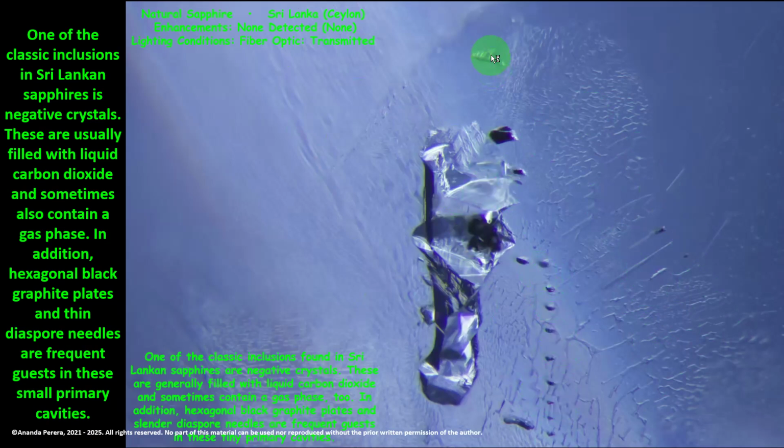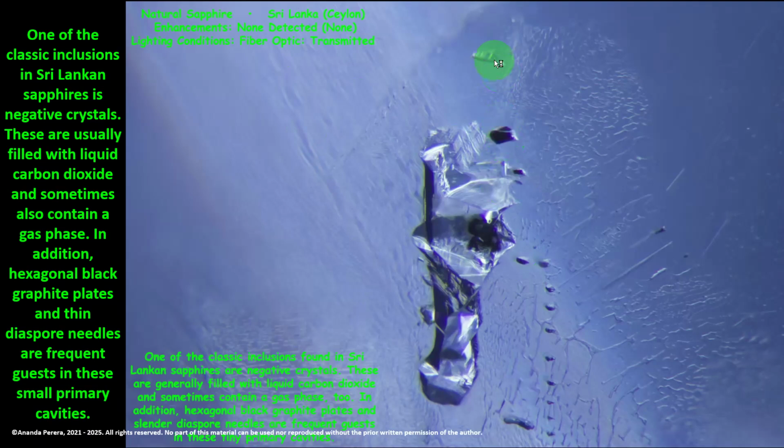Big negative crystal. All are negative crystals. Negative crystals are a common thing. They are usually filled with liquid carbon dioxide, and sometimes also contain a gas phase.